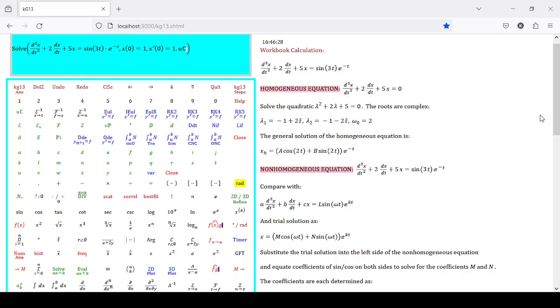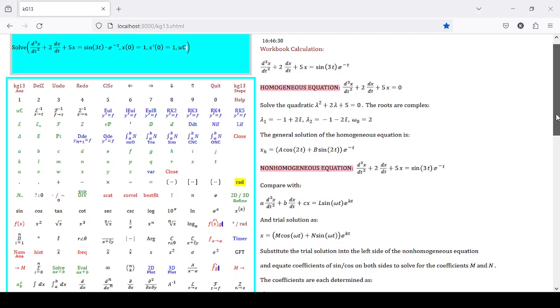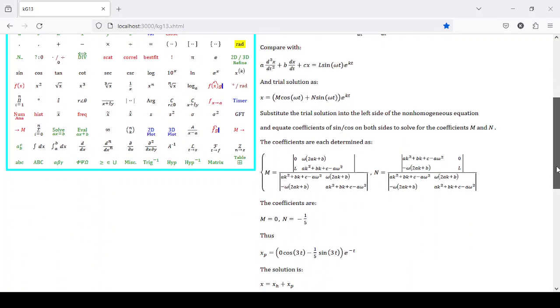Now we can calculate m and n directly by these formulas here. M and n are given as the ratio of two determinants. Have a look at the bottom determinants. For m and n, they are the same.